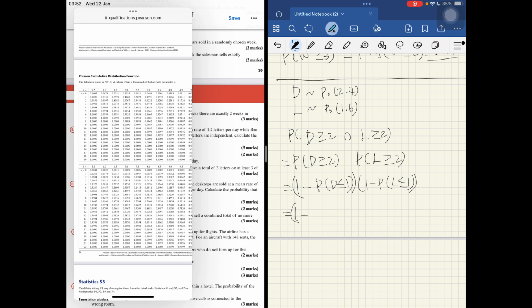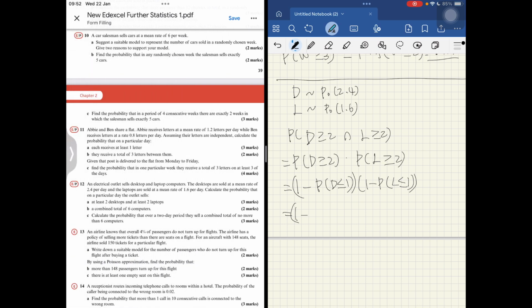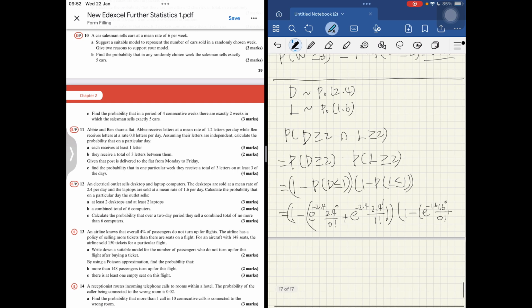There's no 2.4 or 1.6 in the table, so we need to calculate probability 0 and 1. So e to the power of negative 2.4, 2.4 to the power of 0 over 0 factorial, plus e to the power of negative 2.4, 2.4 to the power of 1 over 1 factorial, times 1 minus e to the power of negative 1.6, 1.6 to the power of 0 over 0 factorial, plus e to the power of negative 1.6, 1.6 to the power of 1 over 1 factorial.